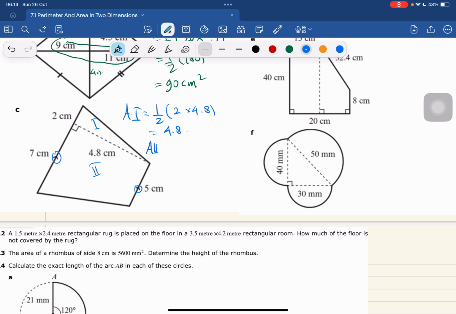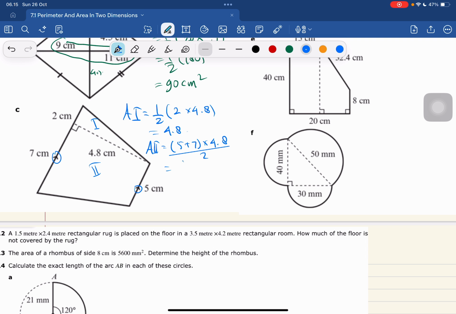The second area now. This is a trapezium. So sum of the parallel lines 5 plus 7, and we multiply with the height 4.8, and then we divide it by 2.